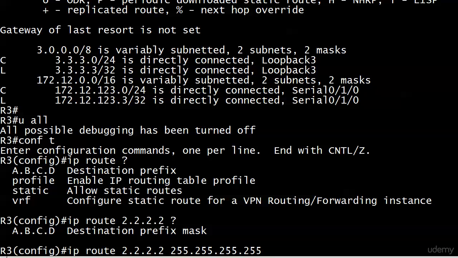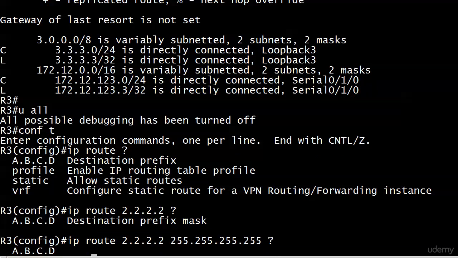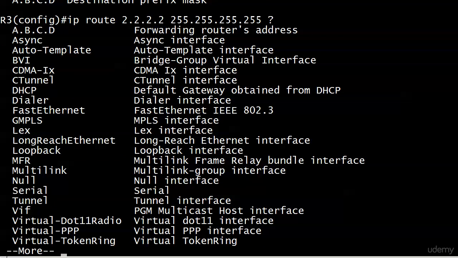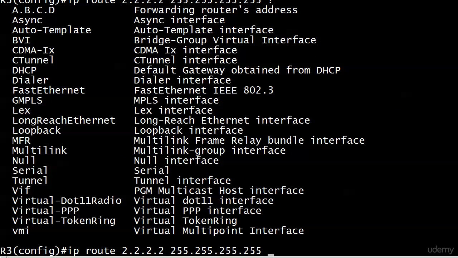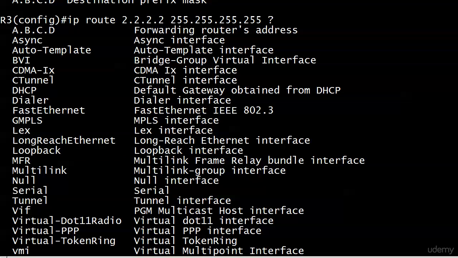I have two choices here for my last value. And hey Chris, that looks like more than two choices. I agree with you, it does, but technically you have two choices, and here they are. This will come up on your exam. You've got to know it for the real world, but this is going to be on your exam one way or the other. You either have to put the IP address of the next hop router, the interface that's going to receive the packet after we send it, or the local router's exit interface.